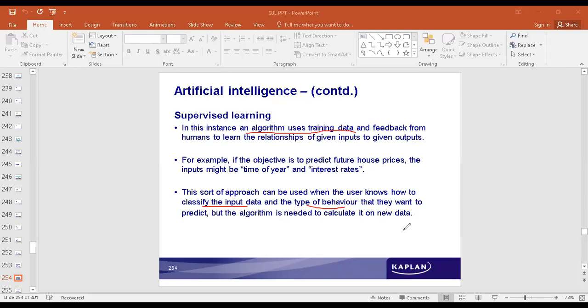So that is all known, but to be made in a simple manner. If the combinations are to be tried out multiple times, then it can be converted into an algorithm loaded into the system. So for these inputs, what would be the output? That is how the output would be generated. That's supervised learning.